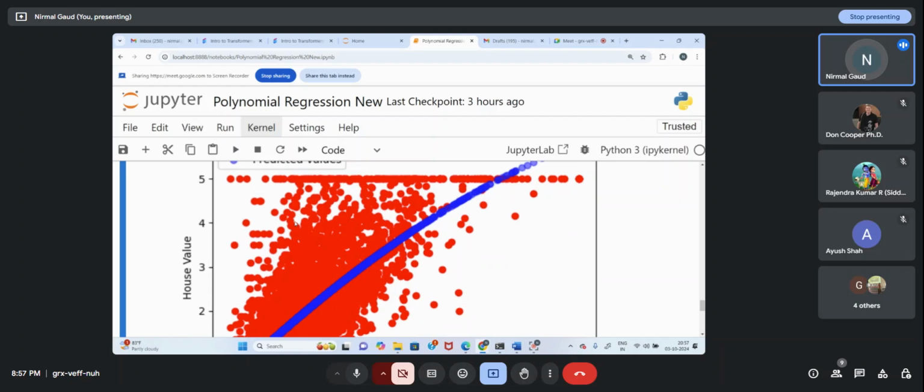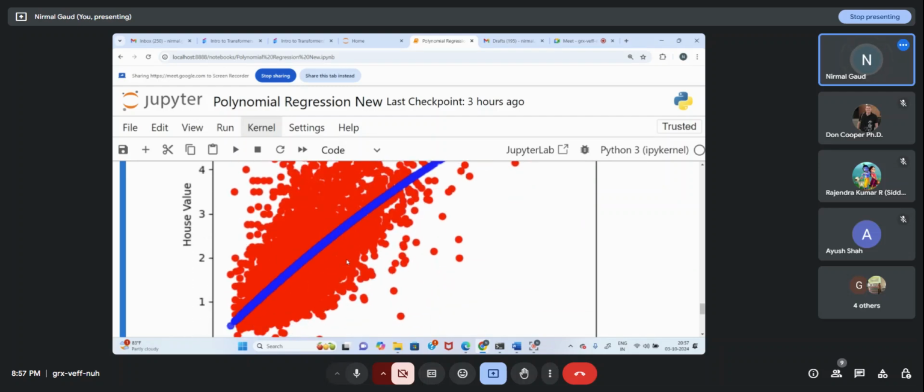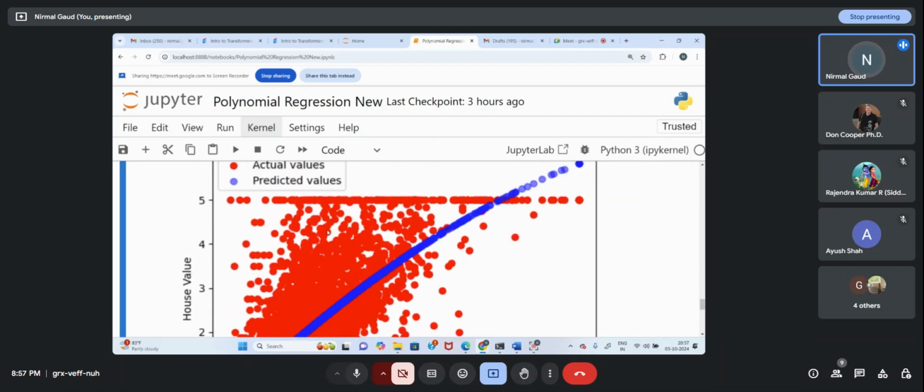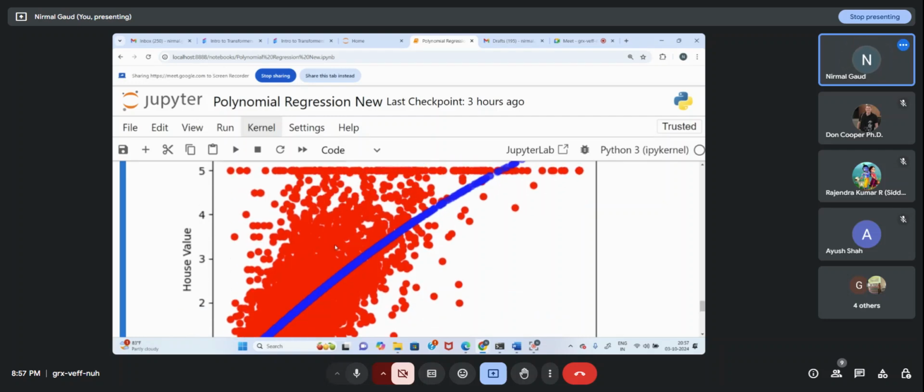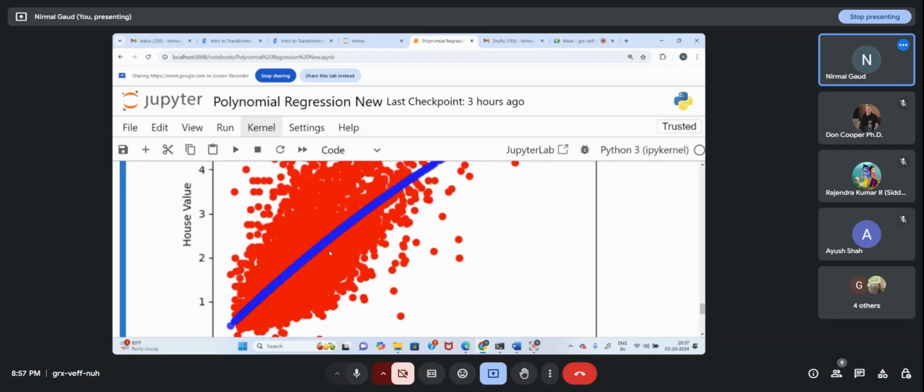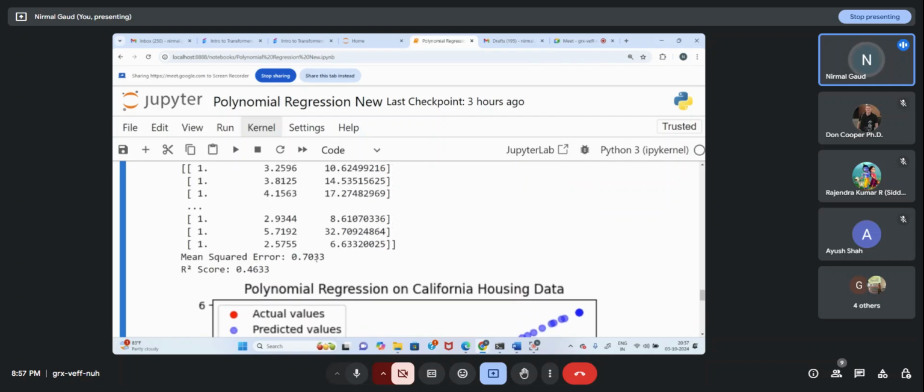The red are the actual values and blue are the predicted values. You can see the density of actual is more, and here also I'm getting the prediction. I'm getting the points which are covering the red points. My mean square error is 0.7, my R2 is 0.4.